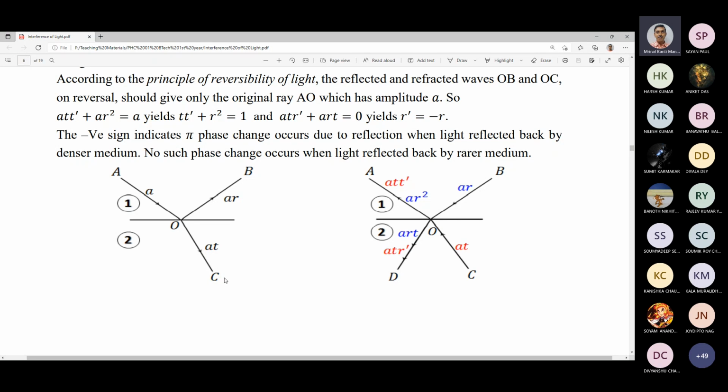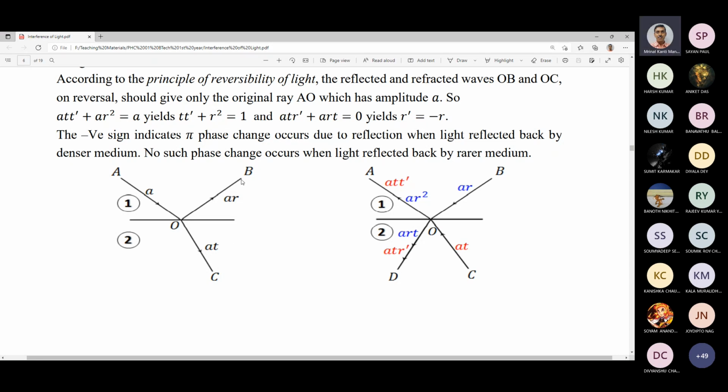Now, if we consider the reflection and transmission coefficients from medium 1 to medium 2 are R and T, then the amplitude of the reflected beam will be AR and the amplitude of the transmitted beam will be AT.